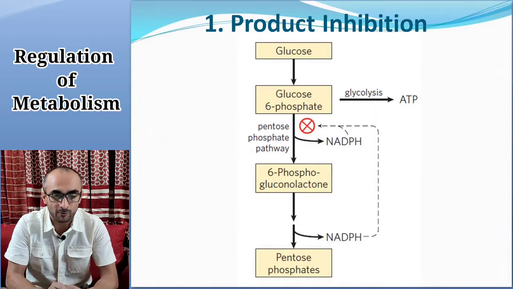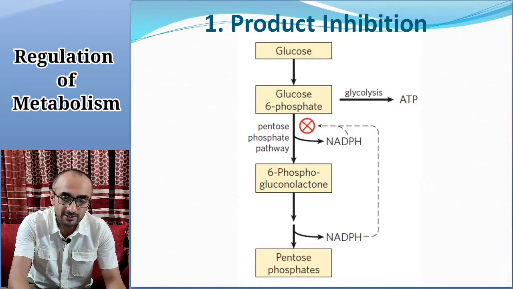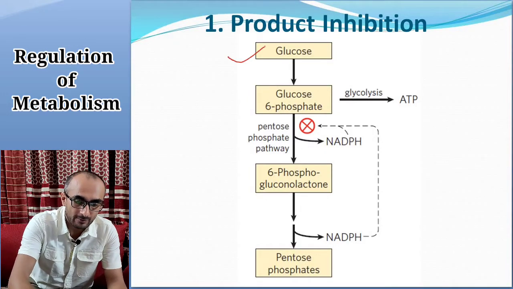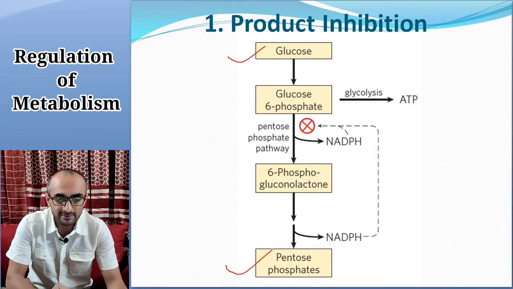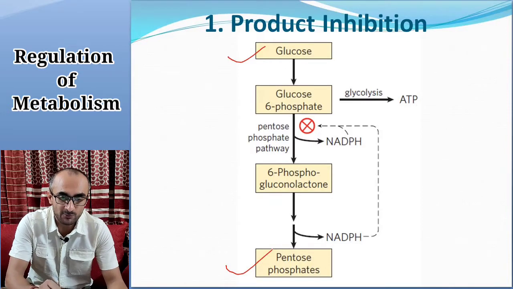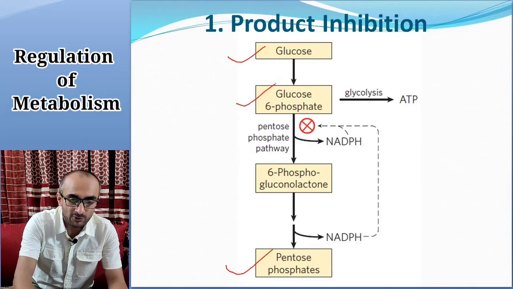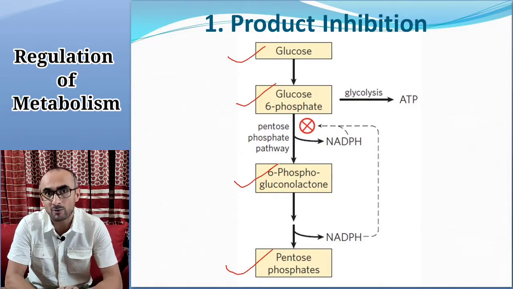This is an example of the hexose monophosphate pathway or pentose phosphate pathway, where glucose is converted into pentose phosphate, and there is a regulatory enzyme here which converts glucose 6-phosphate to 6-phosphogluconolactone. That enzyme is called glucose 6-phosphate dehydrogenase, and that's the regulatory enzyme of the pentose phosphate pathway.